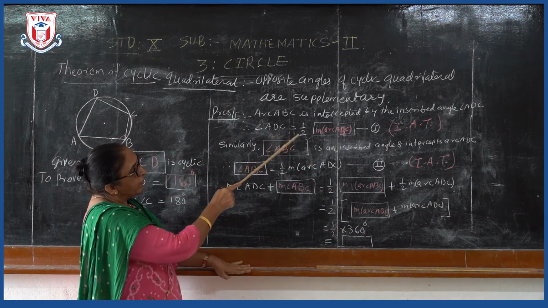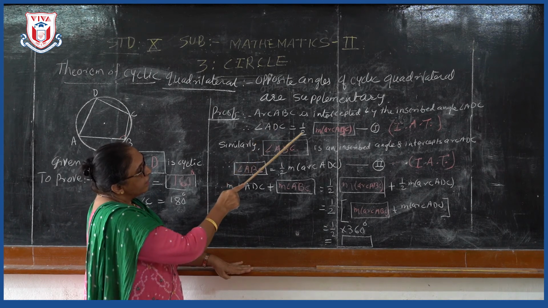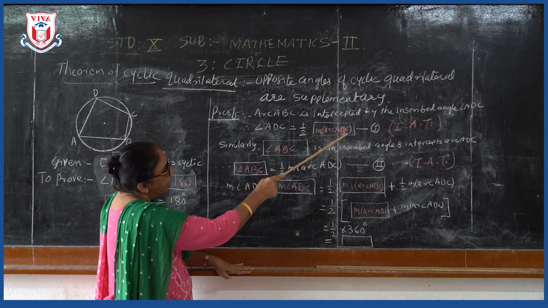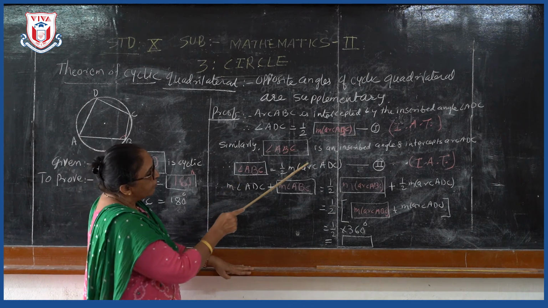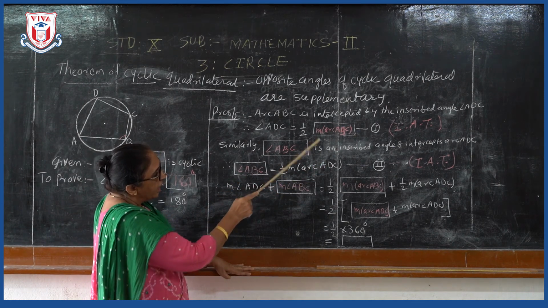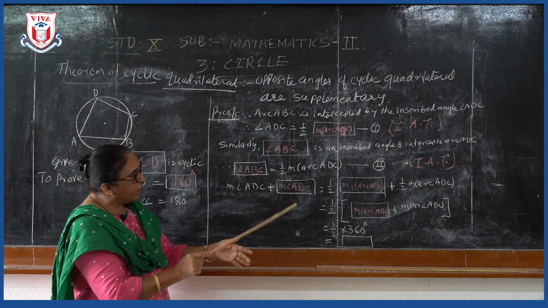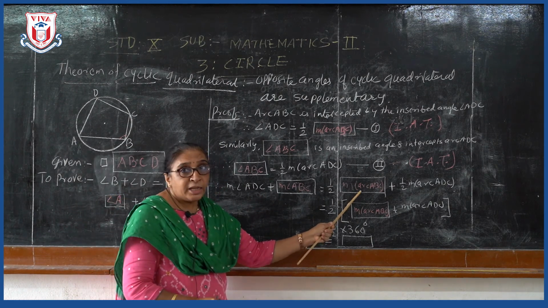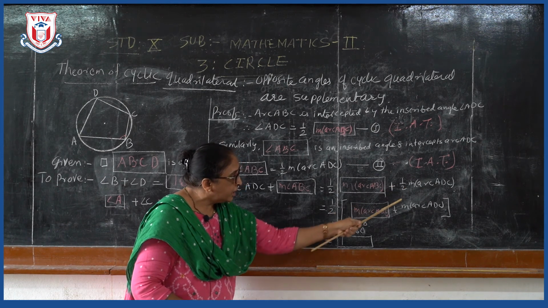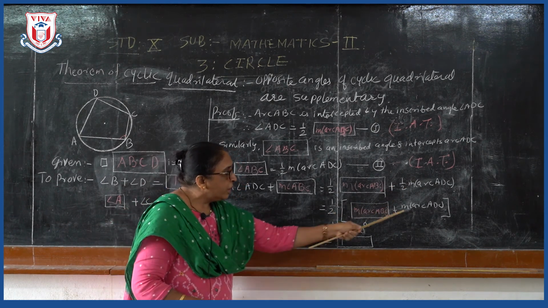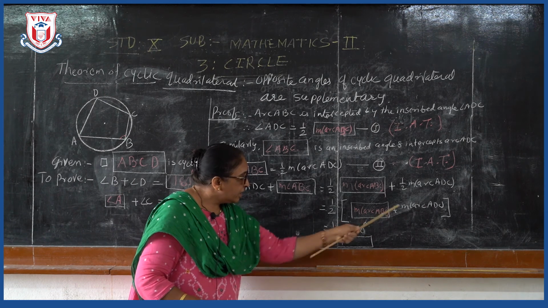See the first statement, again it is angle ADC is half major arc ABC. Then second statement, angle ABC is half major arc ADC. Adding these 1 and 2, we get right hand side half major arc ABC plus half major arc ADC. Half is taken common, so inside we will get the same.